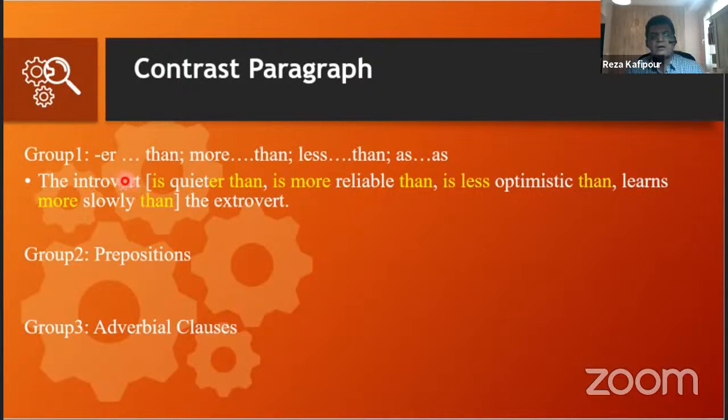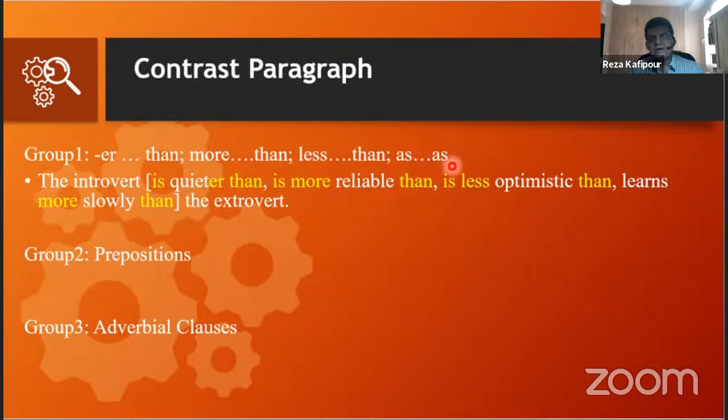So we may write in this form: the introvert is quieter than the extrovert, or the introvert is more reliable than the extrovert, or different ideas based on what you want to say. The introvert is less optimistic than the extrovert. Or you may use this one: the introvert learns more slowly than the extrovert. They are all the use of a comparative adjective to show differences.